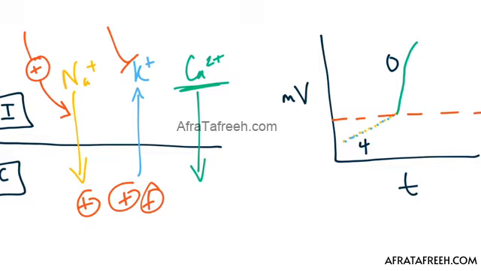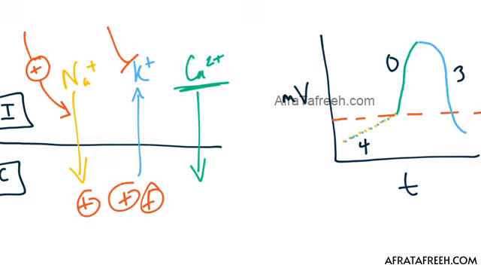The loss of positively charged potassium from the cytosol to the interstitium causes the voltage to decrease. And this occurs until the cell reaches resting membrane potential, and the process starts all over again. So again, this is phase 3 of the action potential.